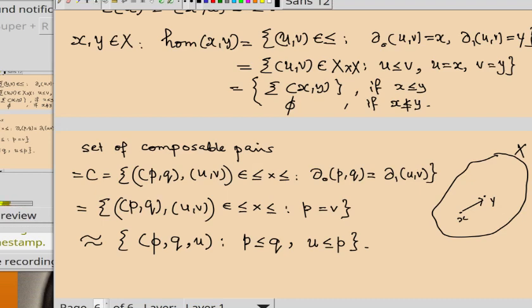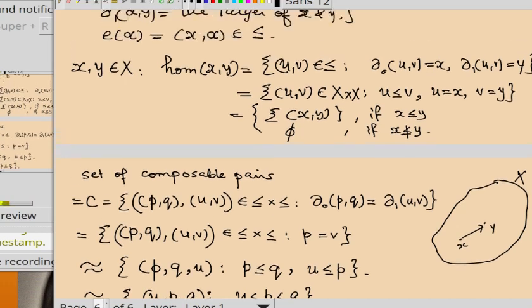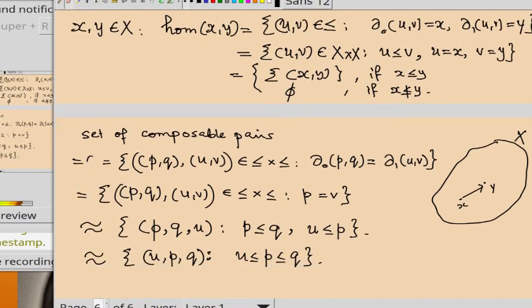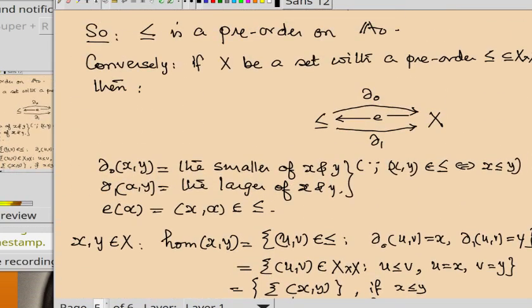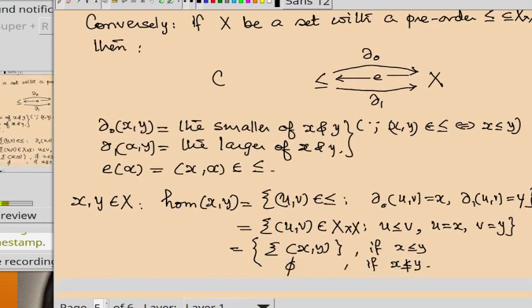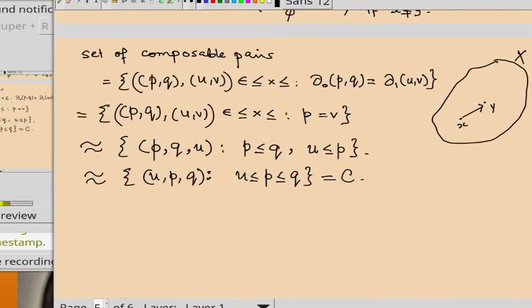So we can actually write this in another way: U, P, Q such that... okay, so C is this, so let me call this set C. Alright, so I take C to be here, and then what would be my P0?